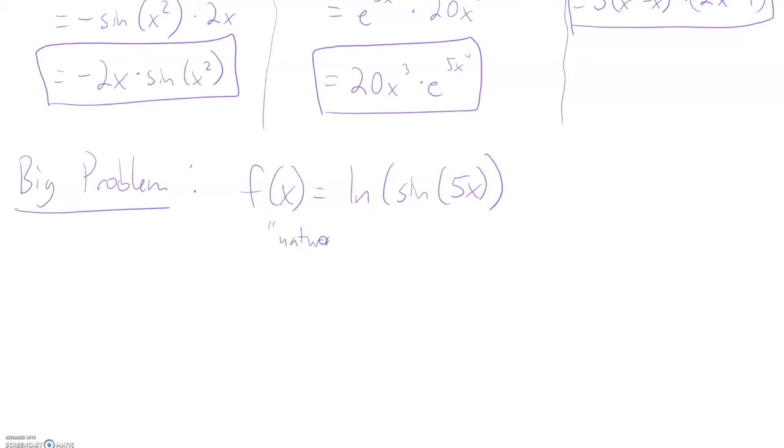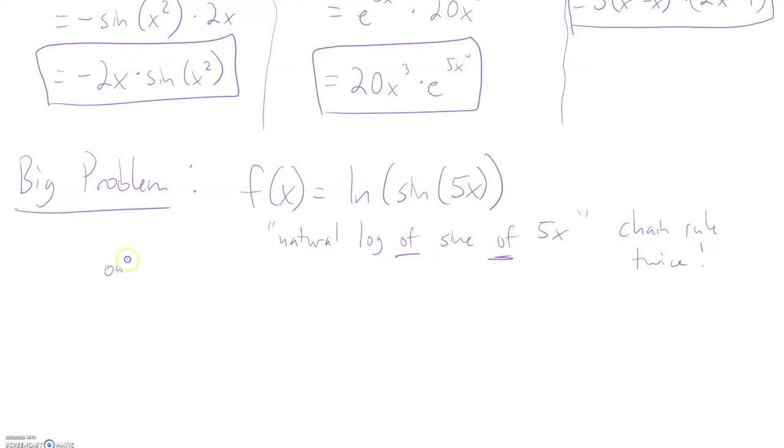Again, it's natural log of sine of that final function, 5x. And notice in reading that, I said the word of twice, which tells me I've gone through an extra layer, and I'm actually going to have to use chain rule twice, because I really have two functions that have ended up inside in a particular order.